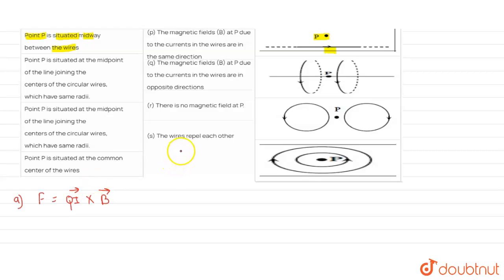Now we can say that by the thumb rule the magnetic field lines at P due to both wires are in opposite direction, and since it's a midpoint, they are equal and opposite.